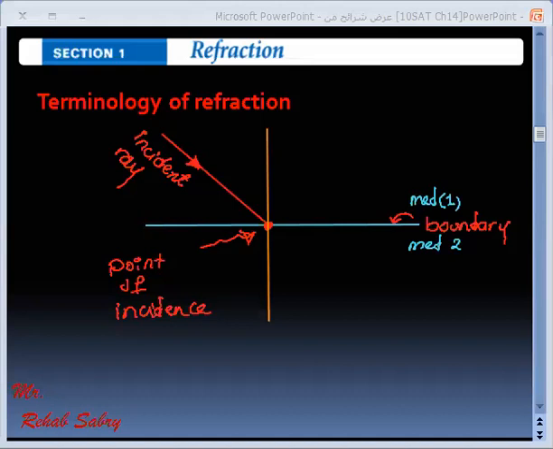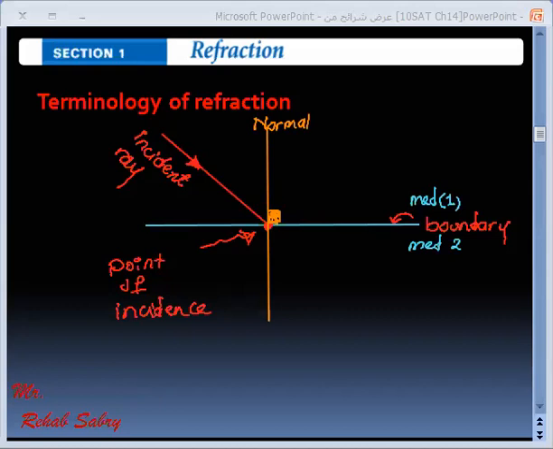This line is called the normal line. Why is it normal? Because it makes a right angle with the surface. So whenever I say the normal, I mean the line that's normal to the boundary or normal to the surface.